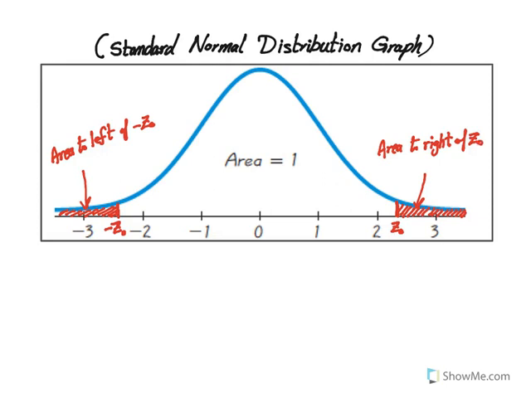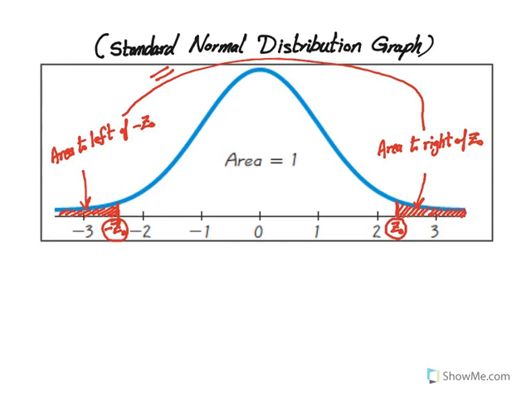Notice that they're equal because this is the same number Z0 but as negative, and the two areas in this case will be the same. So this and this are equal. This is very important to know so you can answer the question.